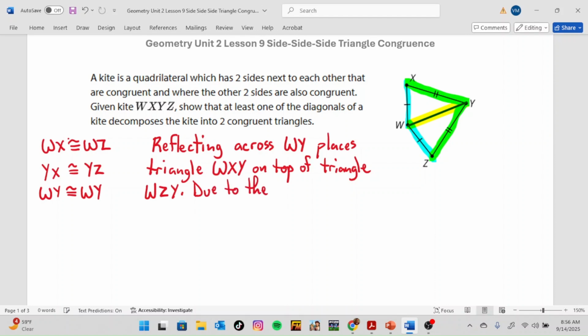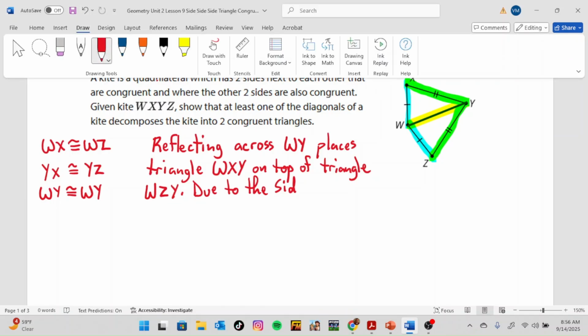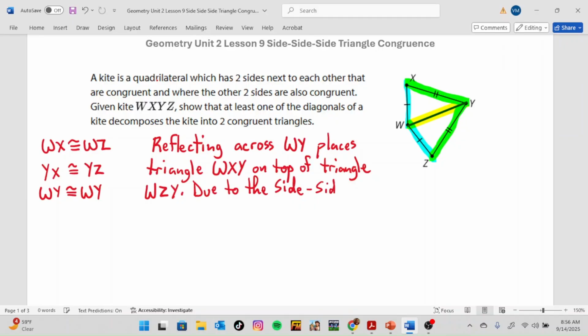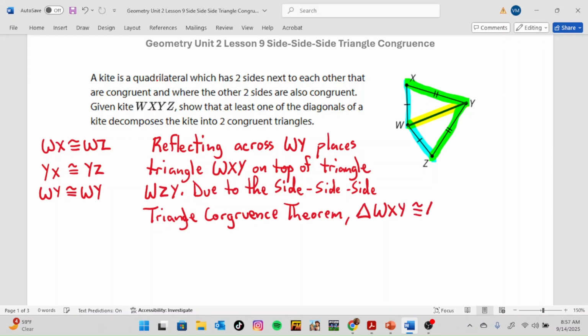Due to the side-side-side triangle congruence theorem, triangle WXY is congruent to triangle WZY.